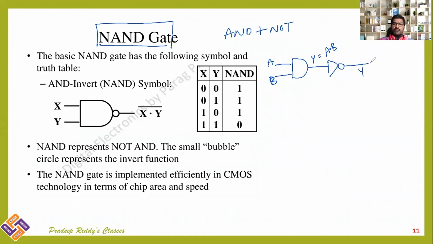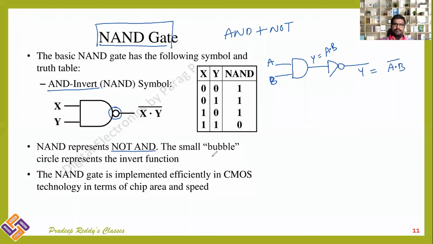This will be the output. What is output here? Output will be A dot B complement. Right? So AND invert or NAND gate. It is also called AND invert. And at the output, there will be one bubble over here. This bubble represents that NOT gate is added to the AND gate. It is not AND.